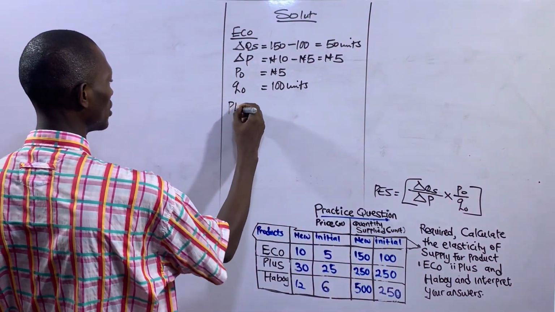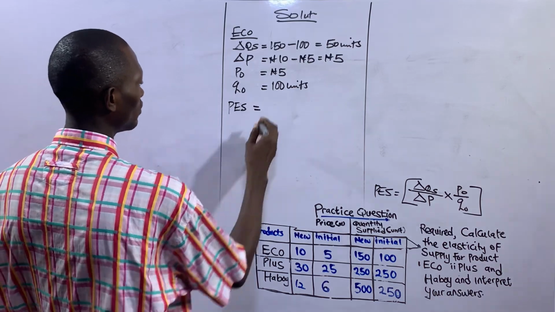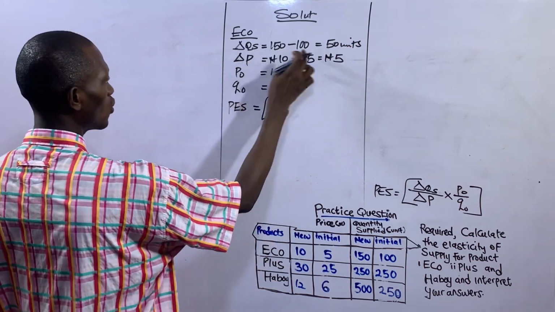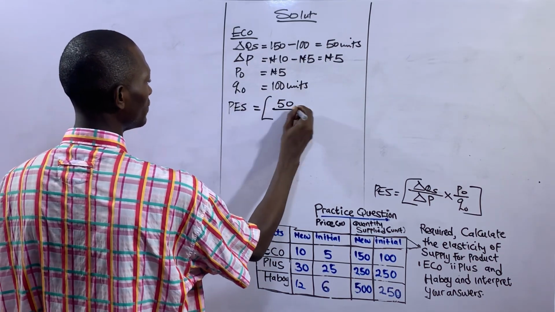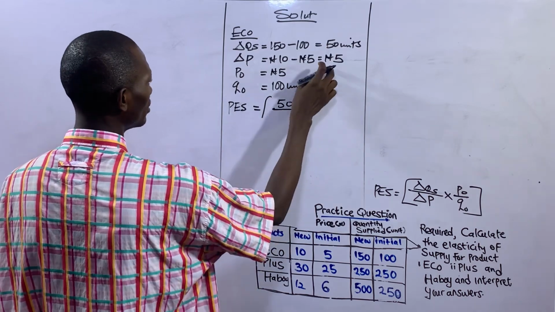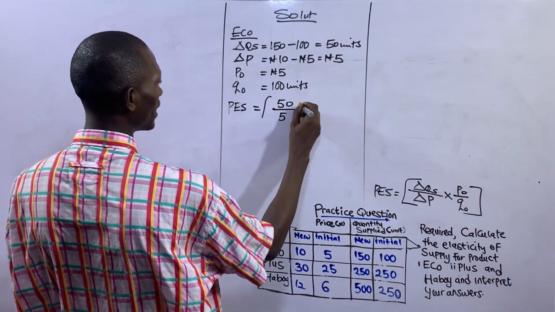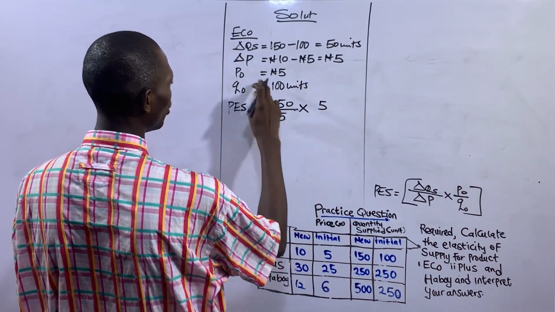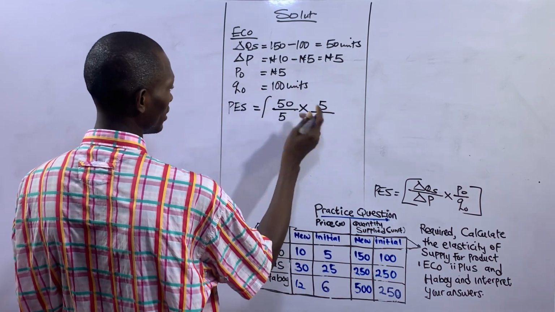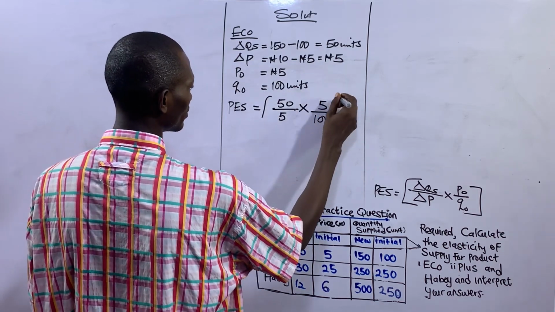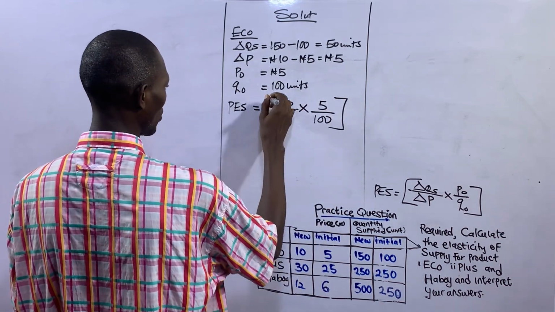So price elasticity of supply, we have change in quantity, that's 50 divided by change in price, which is 5, times old price, which is 5, then old quantity is 100. So this is what we have.